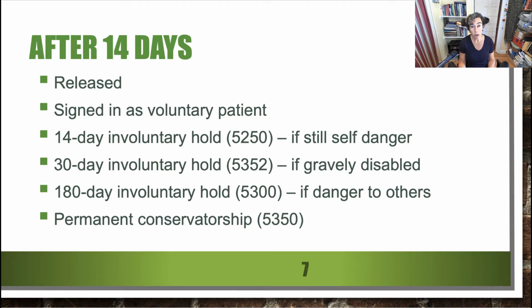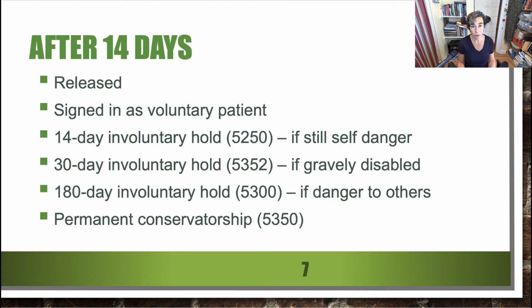There may also, in very extreme circumstances, be an 180-day involuntary hold, which is called a 5300, and that's if the person is a danger to others. So they're homicidal and they are hell-bent on wreaking havoc and injuring others.